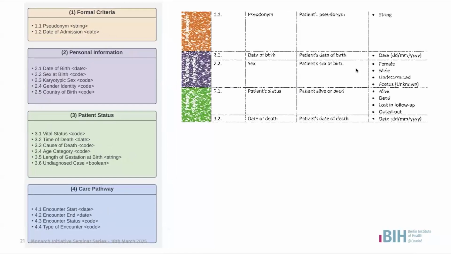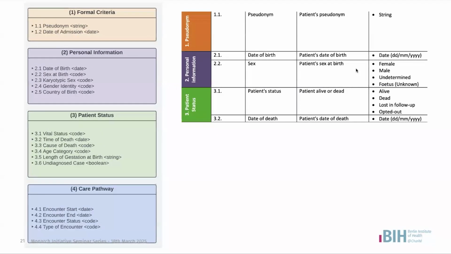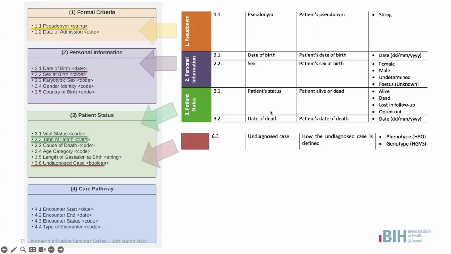So here you can see the sections also. In orange, the pseudonym, we called it formal criteria because we added the date of admission. The personal information became date of birth and sex at birth, the same elements, and also vital status and time of death are the patient's vital status and time of death in here.